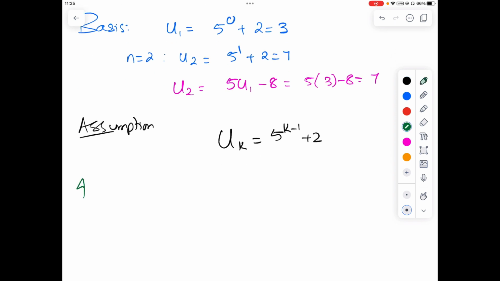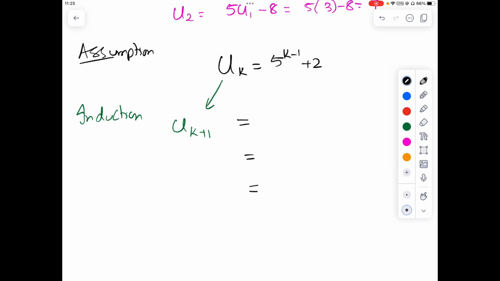Now, for induction. For induction, what should I be doing? Take k as k plus 1 in the left hand side, and simplify it further by using the recursive formula. I should be getting 5 power k plus 1 minus 1 plus 2. This should be my answer.